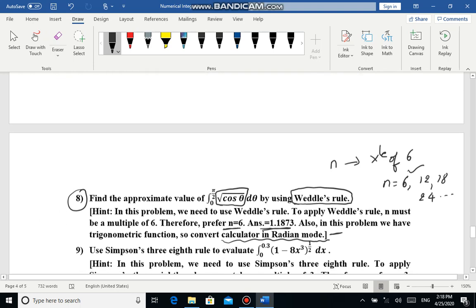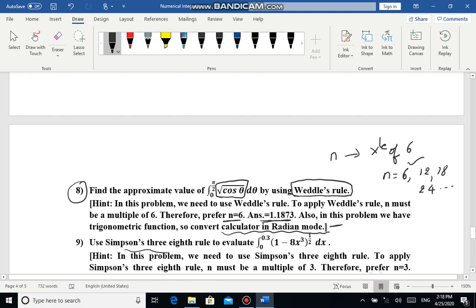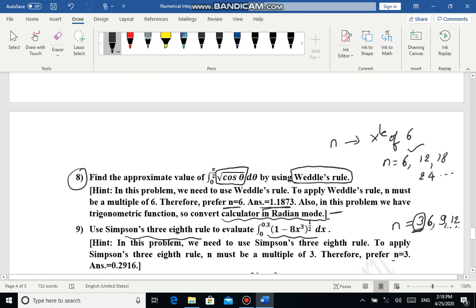Now, apply Simpson's 3/8 rule for the given integral. So we mentioned the 3/8 rule. To apply the 3/8 rule, n must be 3, 6, 9, 12 like this. Prefer n equal to 3. This is enough. We don't want 6, 9, 12. 3 is a multiple of 3. So prefer n equal to 3.